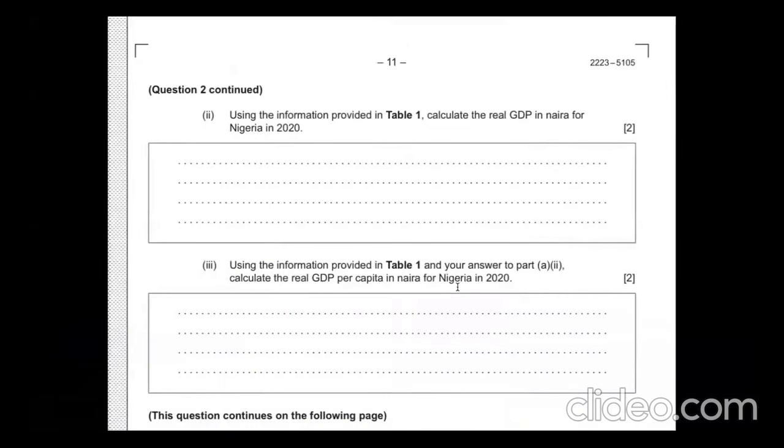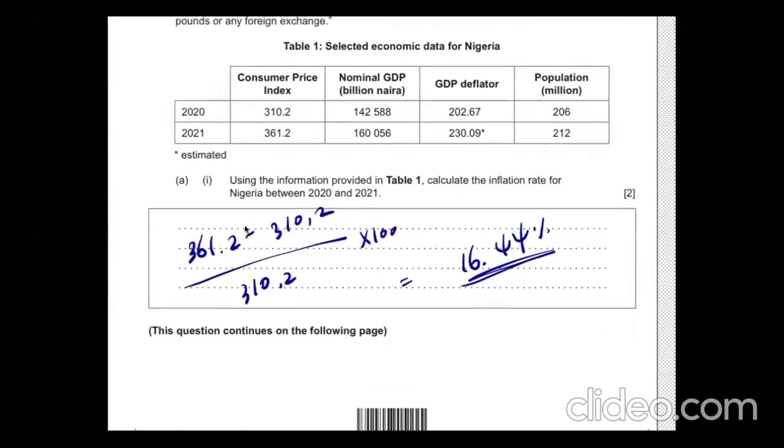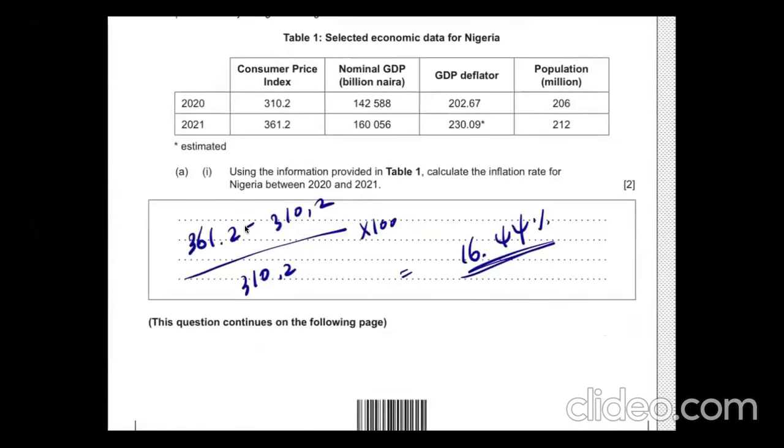A2, using information provided in table 1, calculate the real GDP in Naira for Nigeria in 2020, not 2021. Real GDP. So I'm going to use nominal GDP and I'm going to use the GDP deflator to find out the real value.